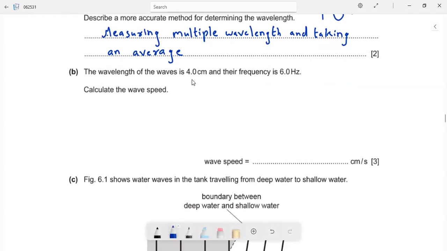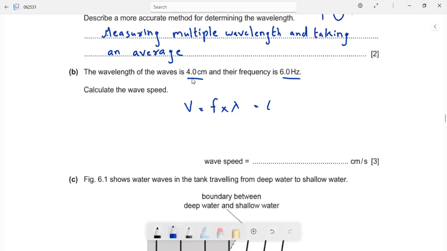The wavelength of the wave is 4 centimeter and the frequency is 6 hertz. Calculate the wave speed. So wave speed can be written as frequency into wavelength, lambda.